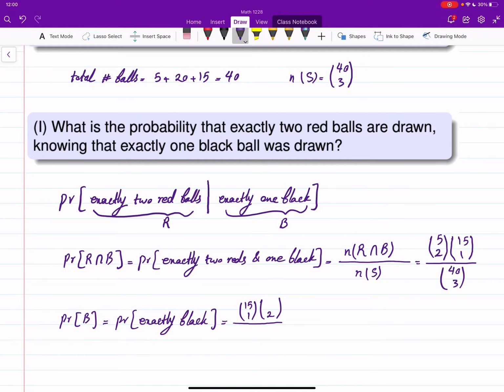So we add white ones and red ones. This is white and red. This is just black. We choose 1 from black balls and 2 from the rest. And then divide this by 40 choose 3.